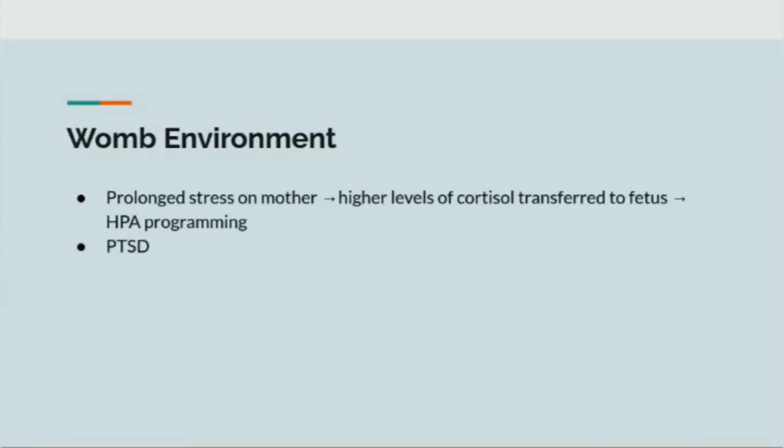When the mother has prolonged stress, the cortisol she produces is transferred to the fetus through the placenta in much higher doses than normal. Because of this, the baby's stress axis is rewired to be hyperactive and oversensitive. This is called HPA programming. Because of this, mothers with PTSD have children who are at more risk for developing PTSD.